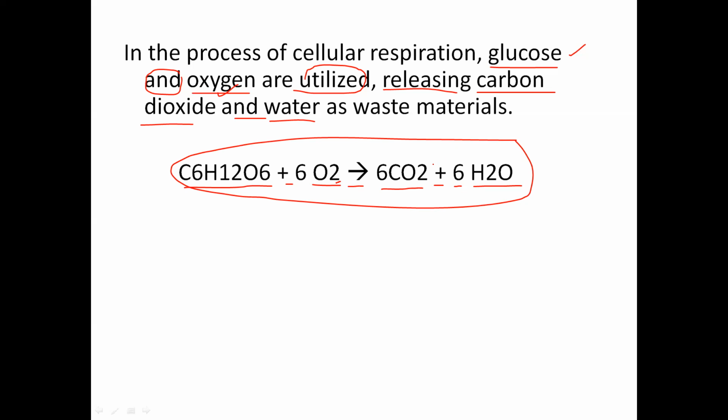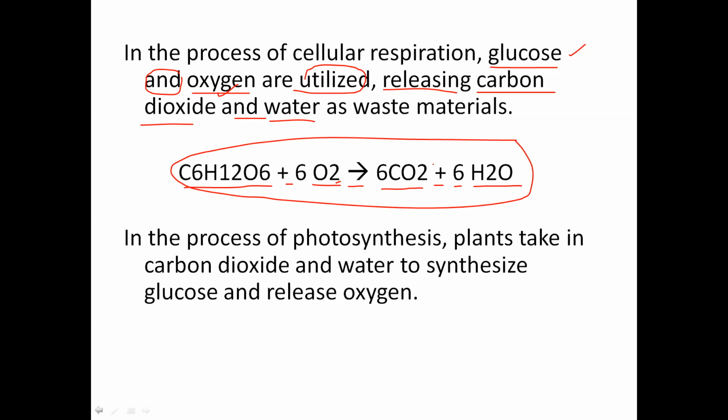Now for the reverse of that, okay, it's the process of photosynthesis, okay? If you remember photosynthesis, generally speaking, it's using light, okay, photo, to create or combine materials. So what is being made? Usually the food in the form of glucose.